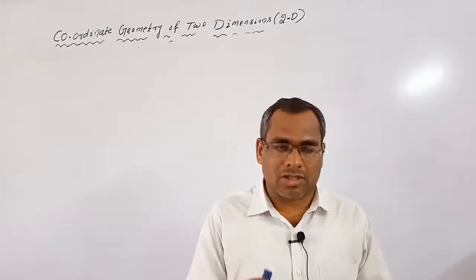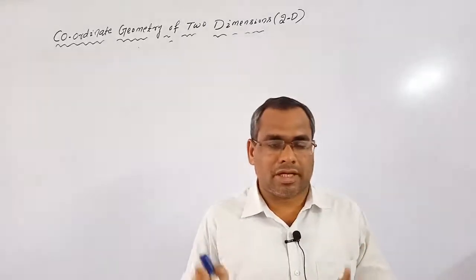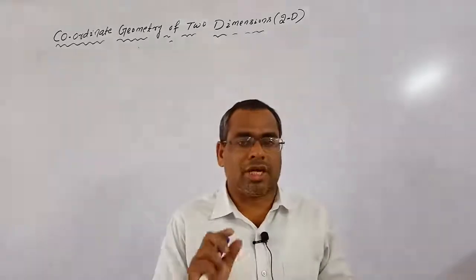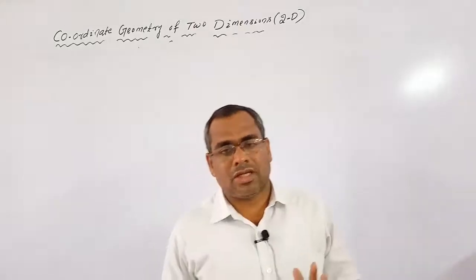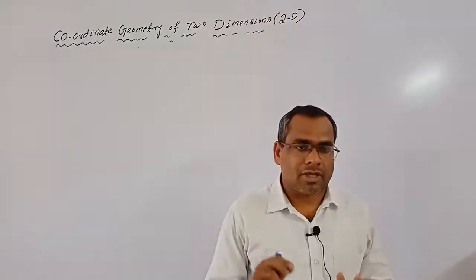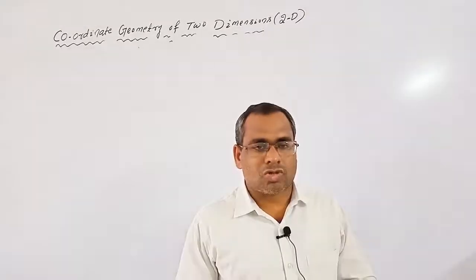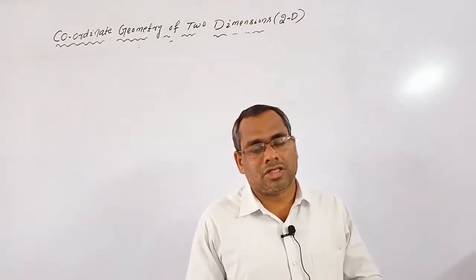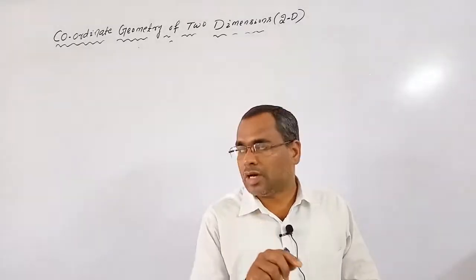If its value is negative, make it a positive value by taking the modulus, because area can never be negative. If 3 points lie on one line, the area must be 0. So if the area of a triangle is 0, then the 3 points must lie on one line.